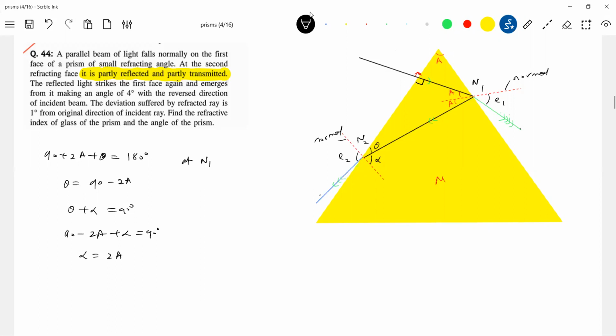So at n1 the deviation should be equal to E1 minus alpha. This deviation is 1 degree. The reflected ray strikes the face again and emerges from it, making an angle of 4 degrees. So E2 should be 4 degrees, no? That was a given thing.